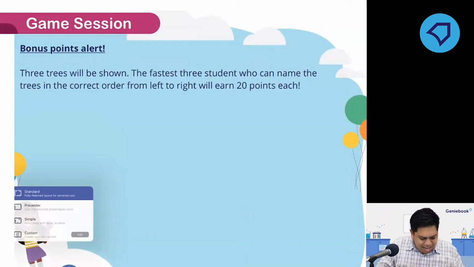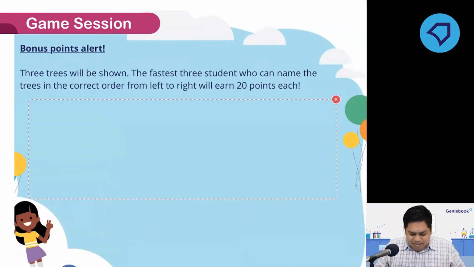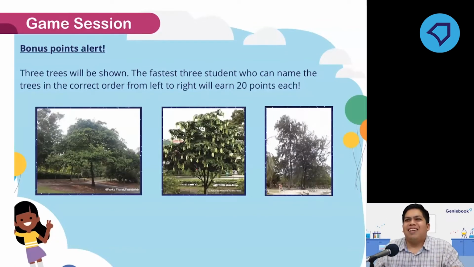Ready? I will show the pictures in 3, 2, 1, go. Let's see. Only the fastest 3 students.